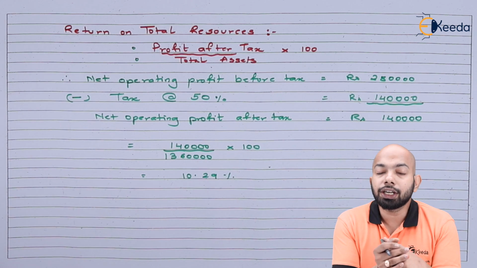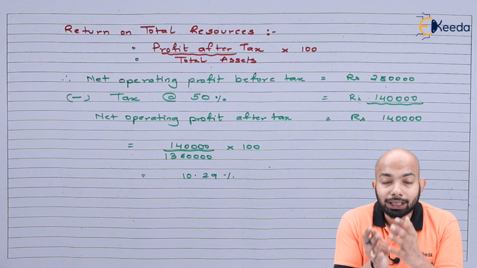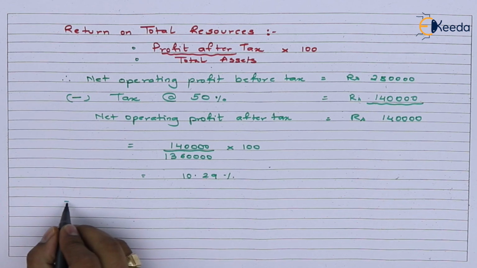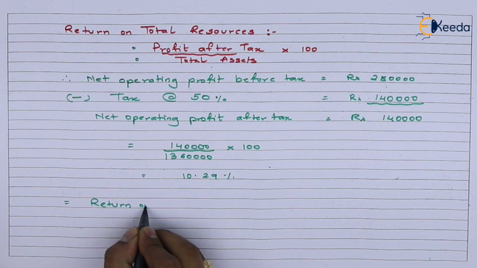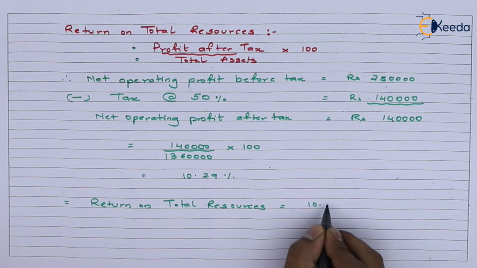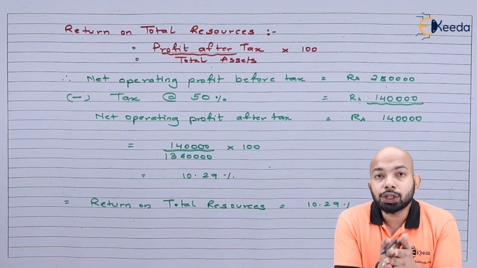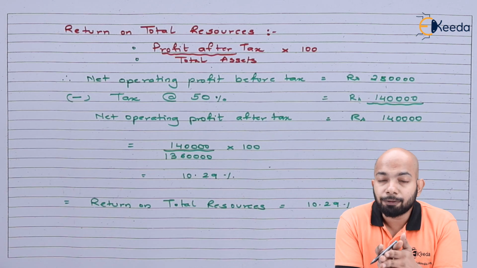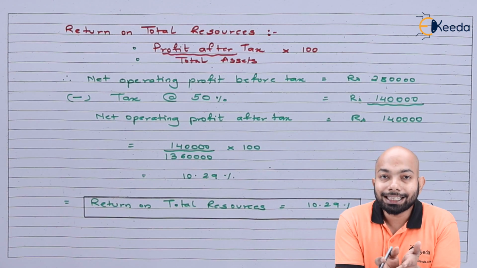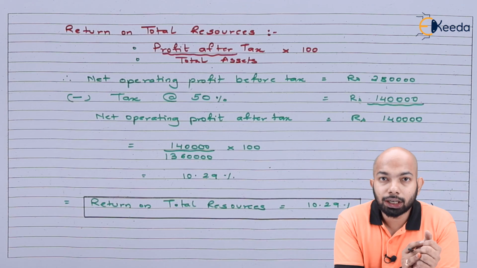That gives us the ratio of 10.29%. So that is the return on total assets. The first ratio, return on total resources, has been figured out, that is 10.29%. Let's box it out. We have denoted that as A. Let's go on to the next ratio that we have to prepare.